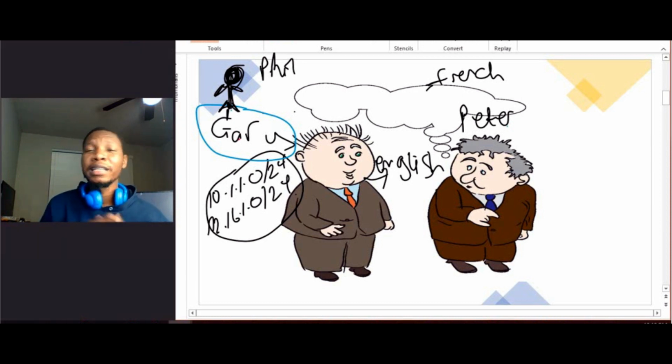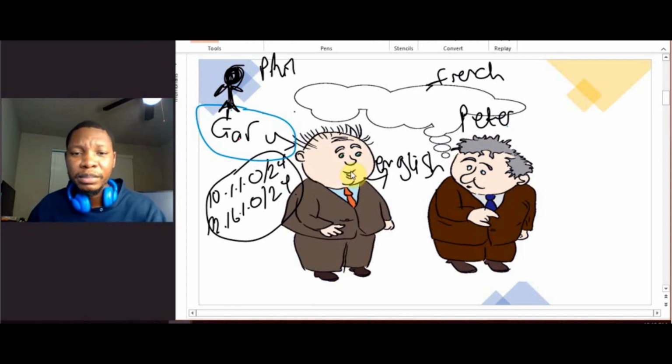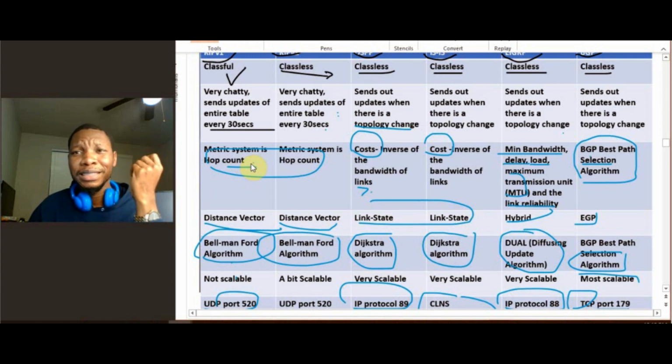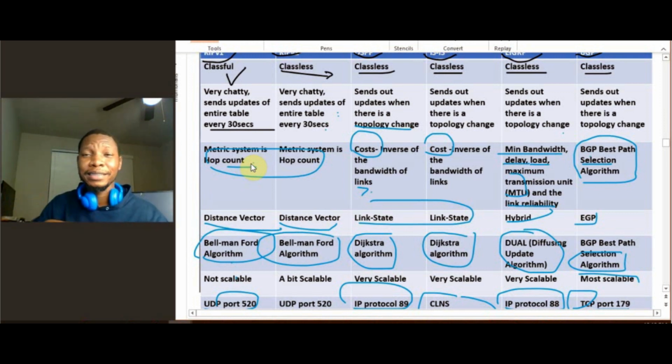Also, RIP had a limit to its hop count. It's a limit to its metric system. Its metric was hop count, just like I mentioned here, but it had a limit. It was from 0 to 16, of which 16 means it's a dead route. But imagine you were putting RIP on the internet. The internet is a lot of hops away.